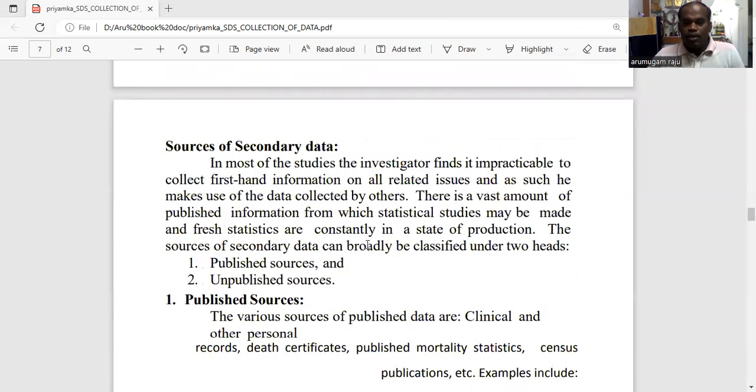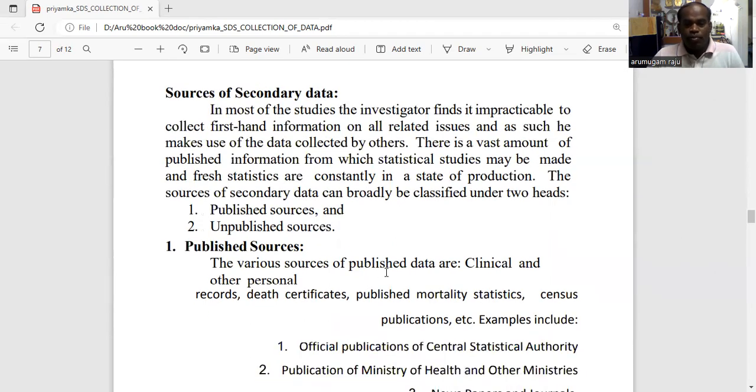So how to collect the secondary data? Here we have two possibilities, that means sources of the secondary data. The first one is published sources and the other one is unpublished sources. From the published sources, we can collect the secondary data.